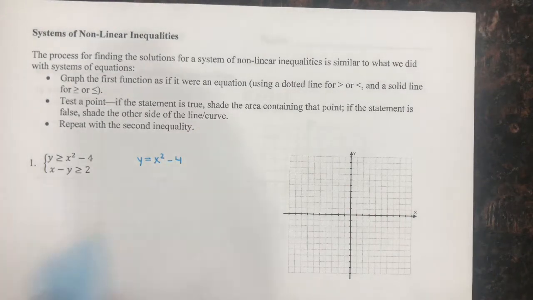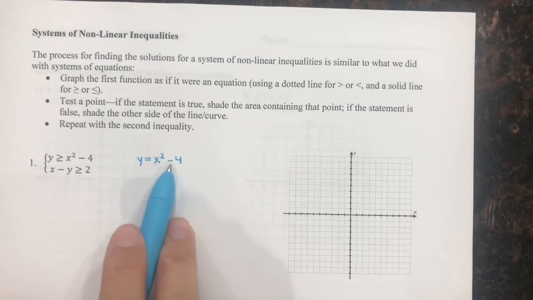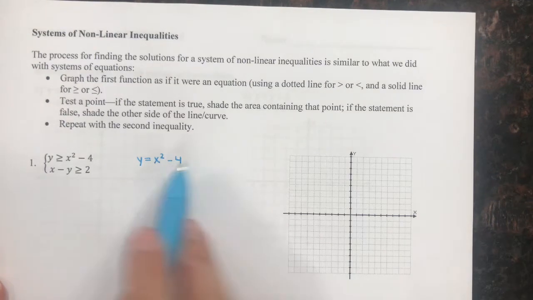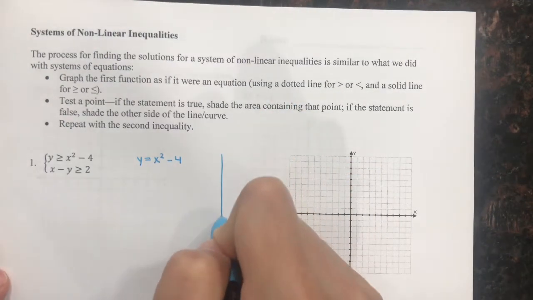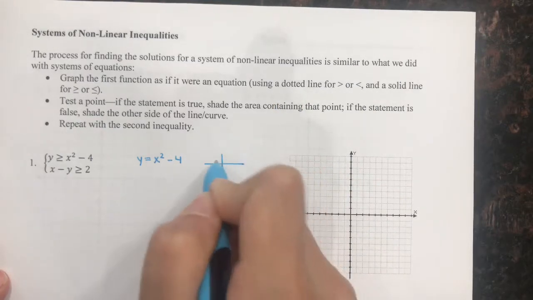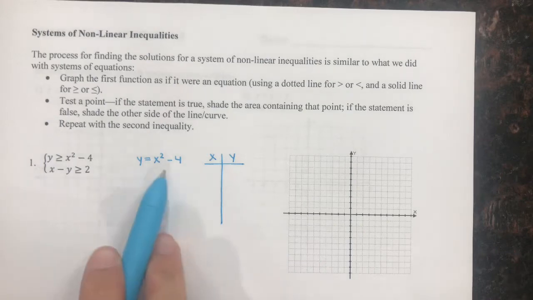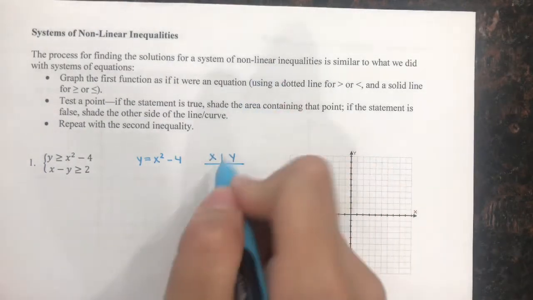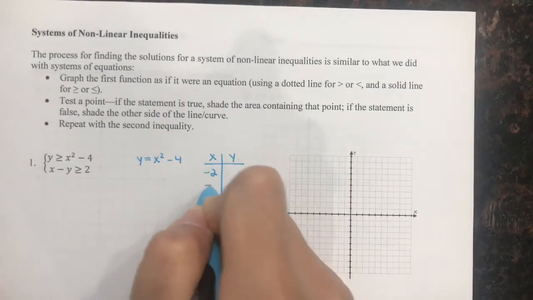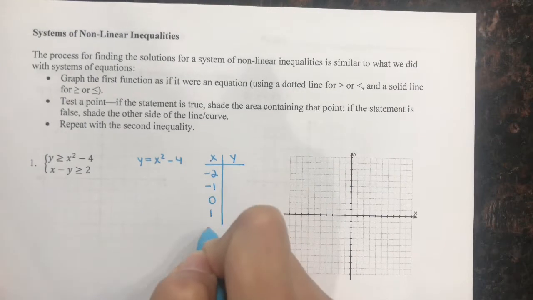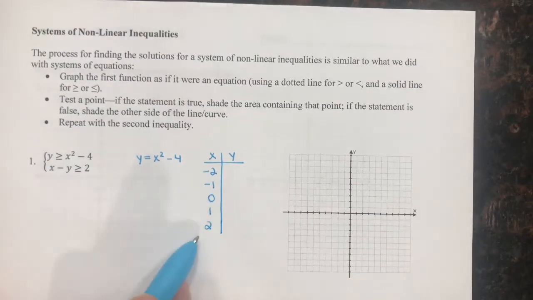A quadratic. So the minus 4 tells me I'm shifting down 4 units, but if you're unsure, or let's say you forgot how to graph, make a table of values. I want at least 5 points for quadratics. These are usually good starting points for that quadratic.